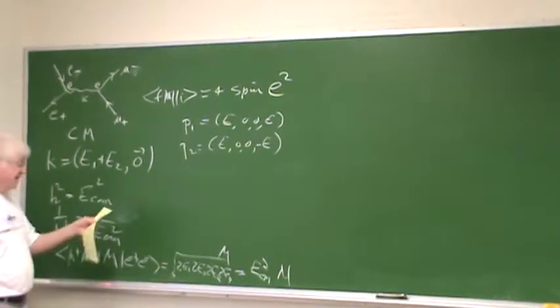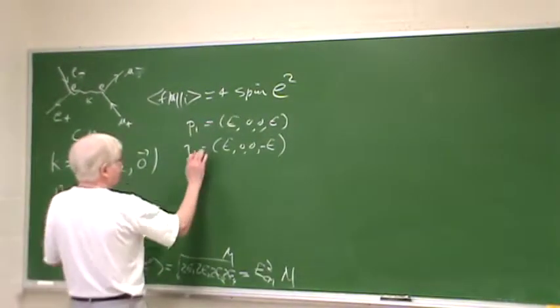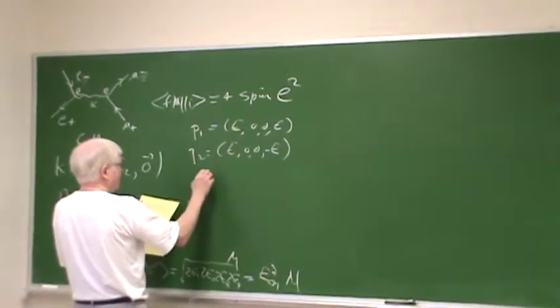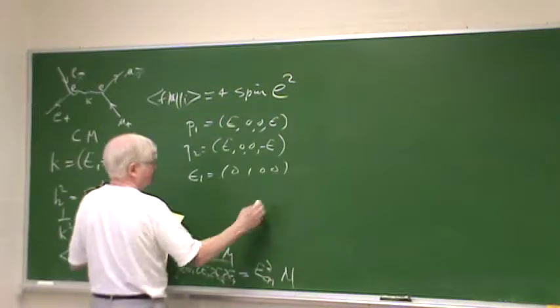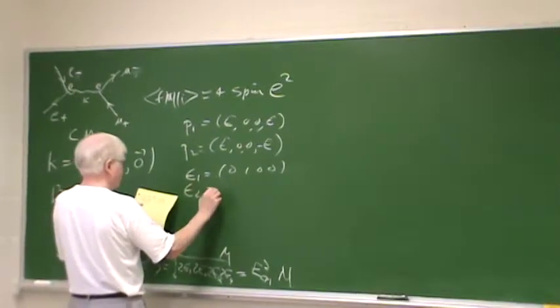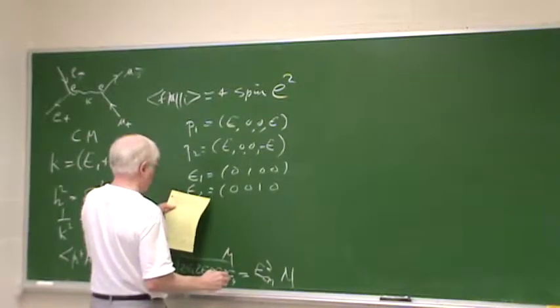The polarization vectors of the photons that these guys can couple to are E1 equal to 0, 1, 0, 0, and E2 equal to 0, 0, 1, 0.